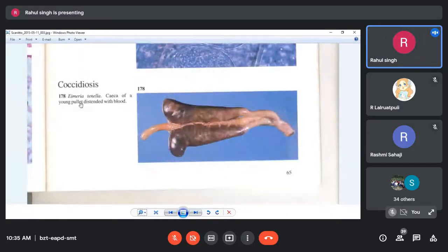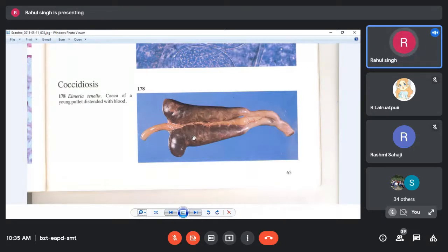Then this is Eimeria tenella, coccidia. Coccidia I have discussed already. This is the ileocecal colic junction, the junction part, colonic part. This is the cloaca, and these are the paired ceca. The ceca in chicken are blind sacs, and you can see they are distended with reddish black content, which is blood.